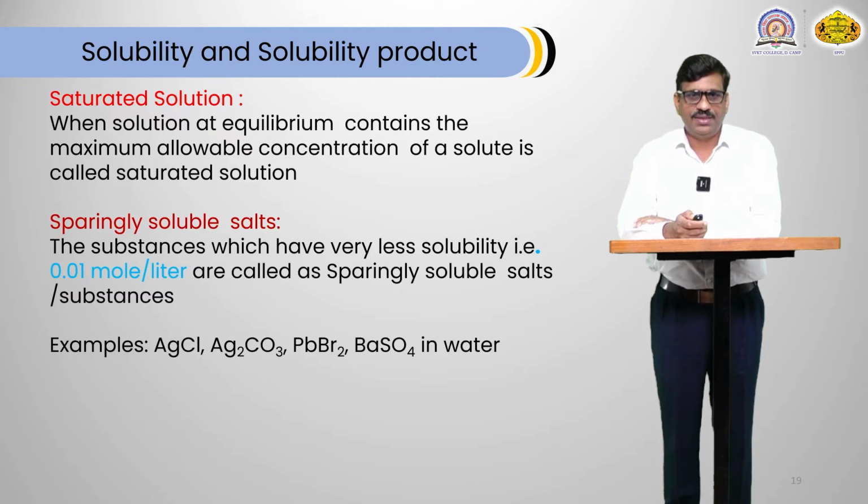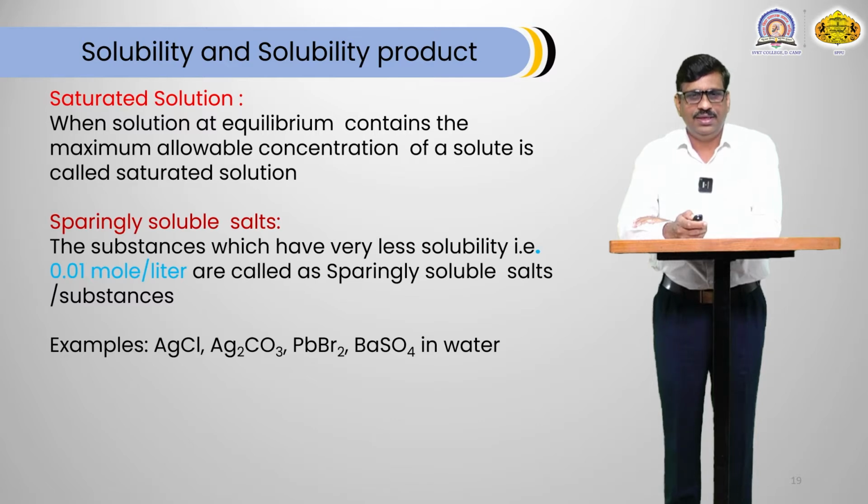Now sparingly soluble salt: substances which have very low solubility in that solvent are called sparingly soluble salts. Generally, if a substance has a solubility of about 0.01 mole per liter, then you can call it a sparingly soluble salt.